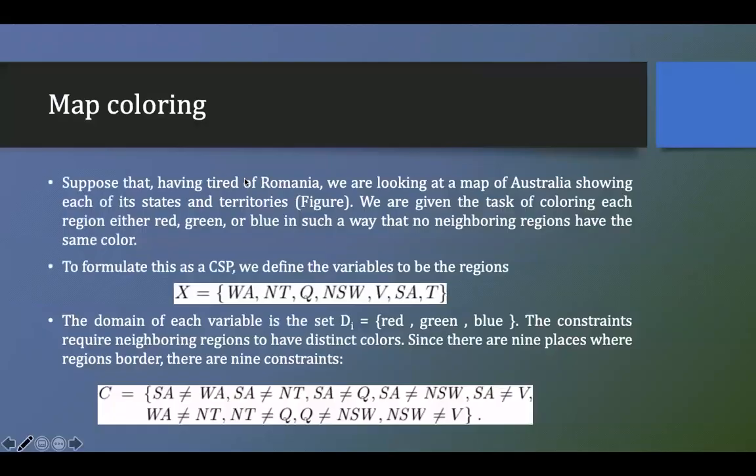Let's see another example of constraint satisfaction, which is called the map coloring problem. You might have gone through the map coloring problem in the algorithms subject. The complexity of the map coloring problem is of the order of 2 to the power of n, which means the complexity is exponential.